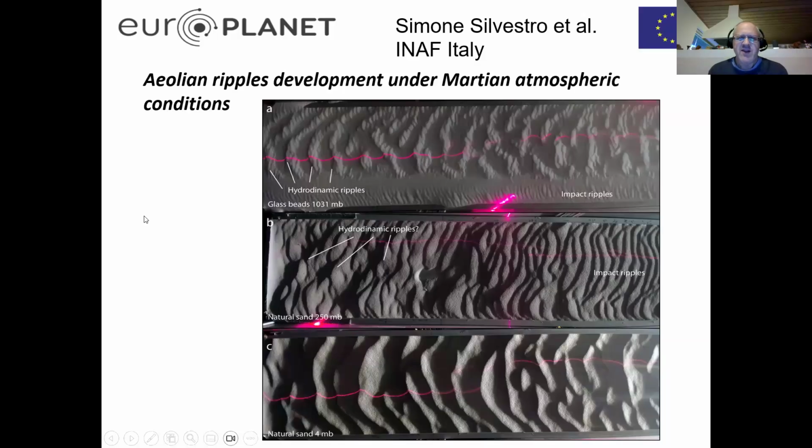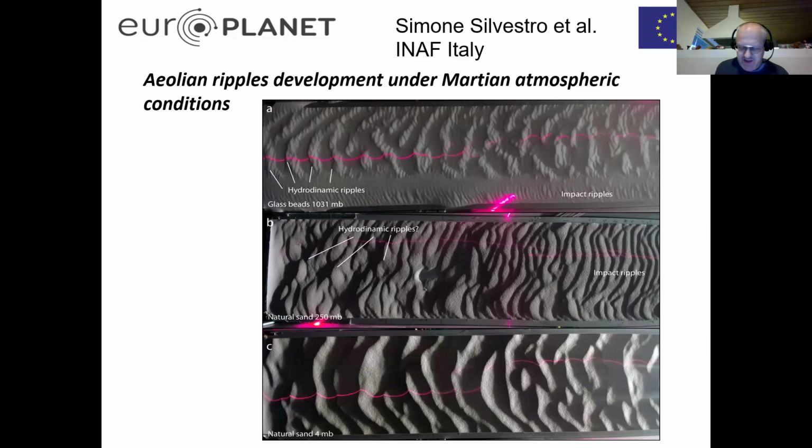This is another guest from an institute in Naples. They've been to our lab many times doing various activities. In this case, they were part of quite a large international team looking not just at impact ripples, but aerodynamic or hydrodynamic ripples. You can see in these photos there are short wavelength ripples, and then longer wavelength ones.